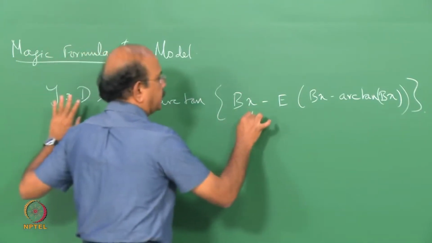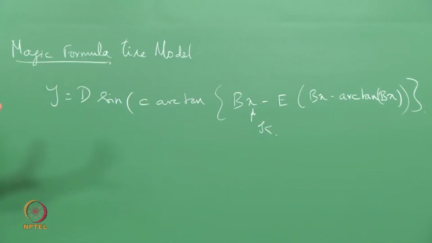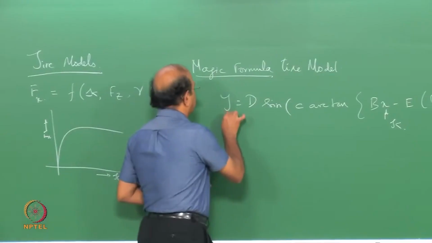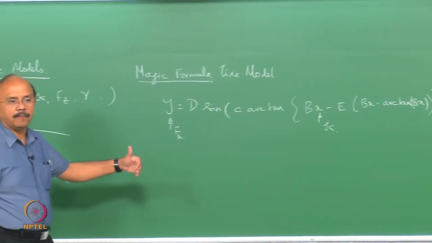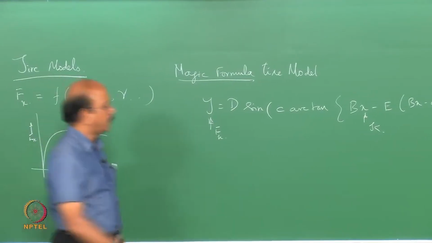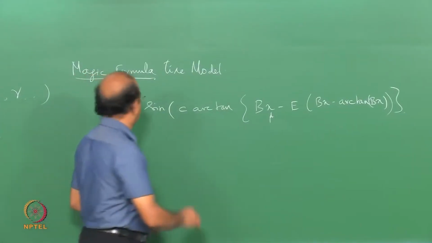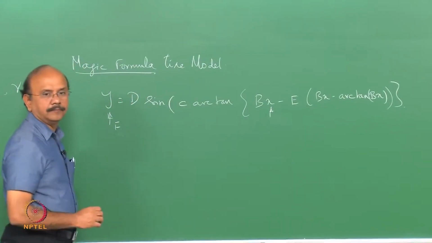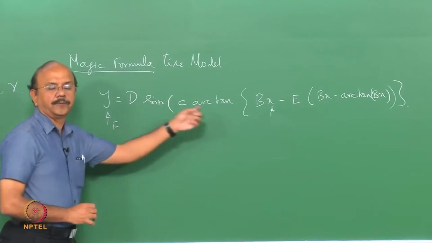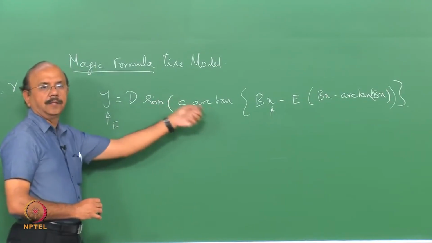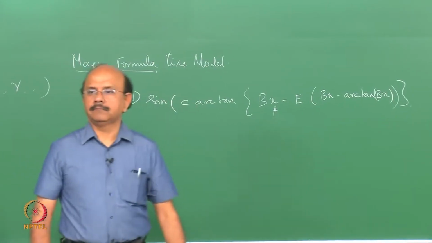If I substitute x for kappa, my slip, in this form, then I would get Fx. If I now substitute alpha here, the slip angle, then I would get Fy. The same way, if I substitute the slip angle, I would get M, and so on.